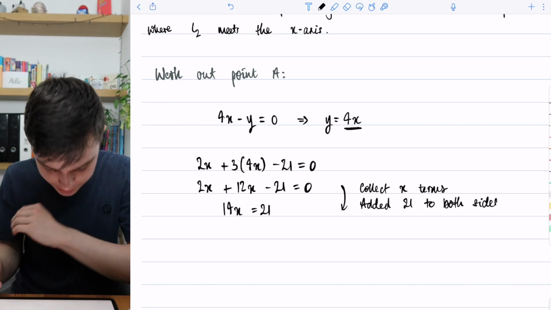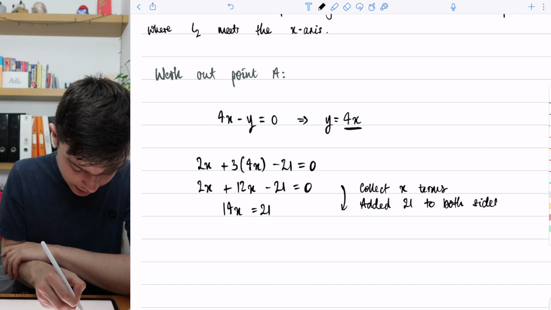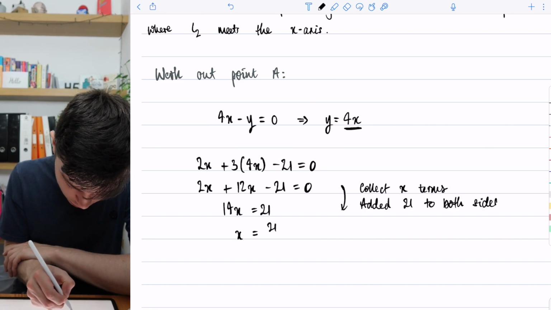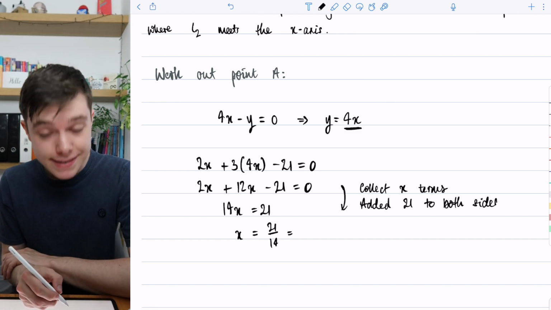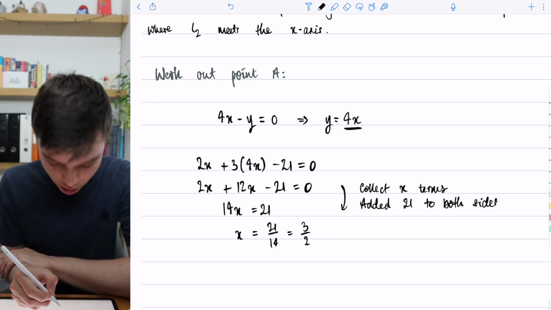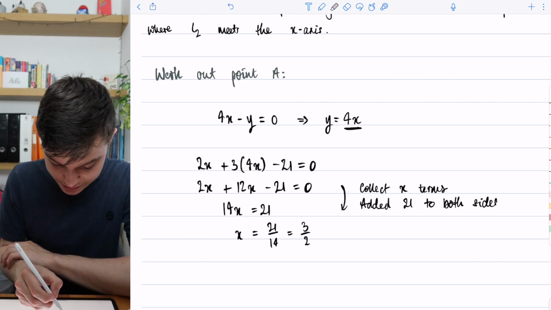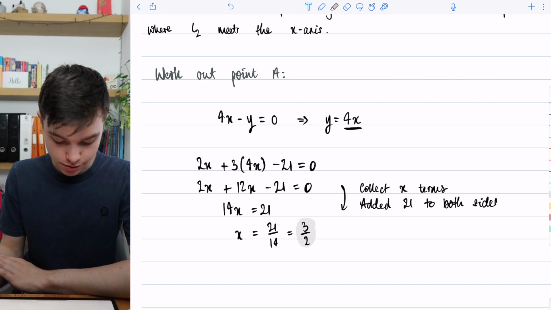Then all I need to do is divide by 14 to give x is equal to 21 over 14, and both of those numbers are divisible by 7, so we have 3 over 2. So x is 3 over 2 at the intersection point.